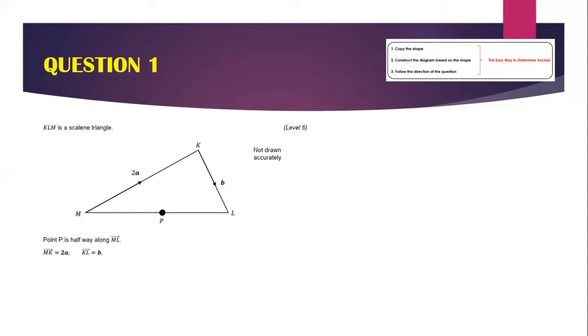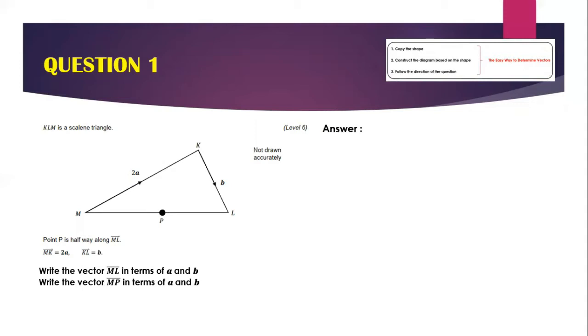Vector MK is 2a and vector KL is b. Write the vector ML in terms of a and b. And the next question is write the vector MP in terms of a and b.